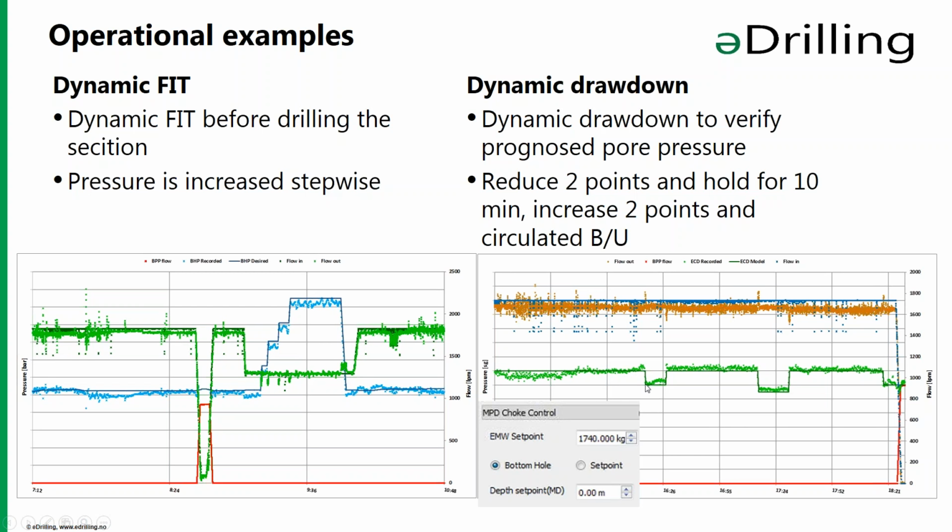Here the pressure is reduced by 2 points for 10 minutes. You then increase the pressure again, hold it, circulate bottoms up, and ensure that there isn't any variance between the flow in and flow out. Then here it's reduced by 3 points, and then backed up again before you continue drilling.